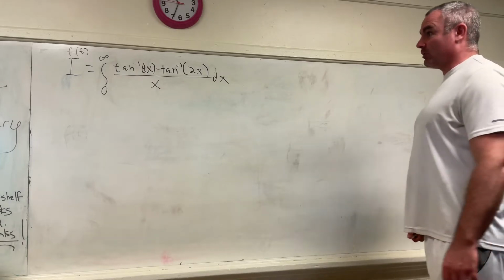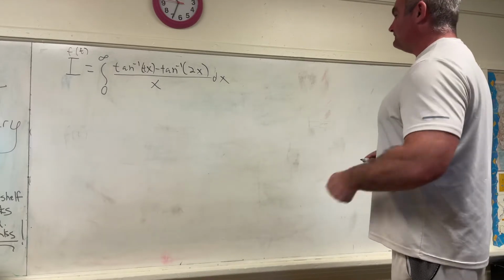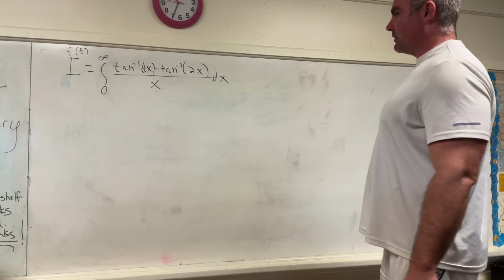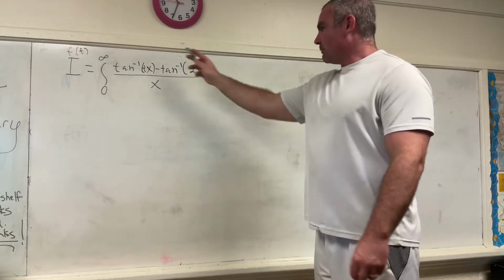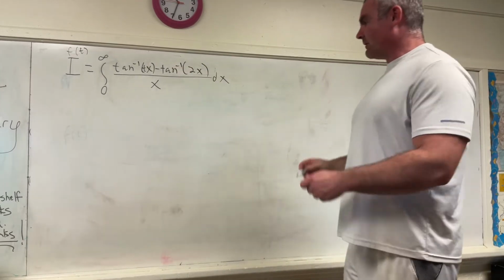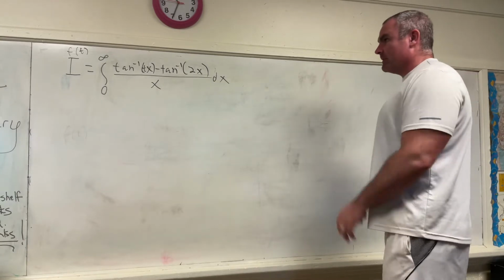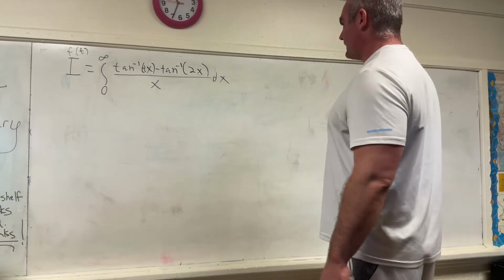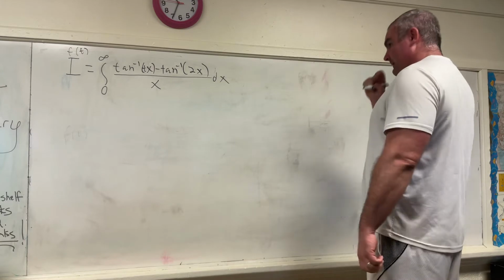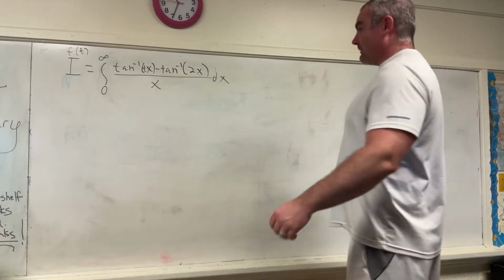That x is a problem there. So we want to get rid of it. So we make a function of t that's equal to something very closely resembling our original integral, like that. Then we take the derivative with respect to t, like I just said.